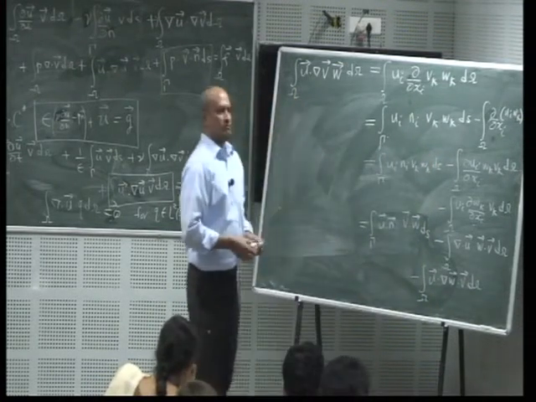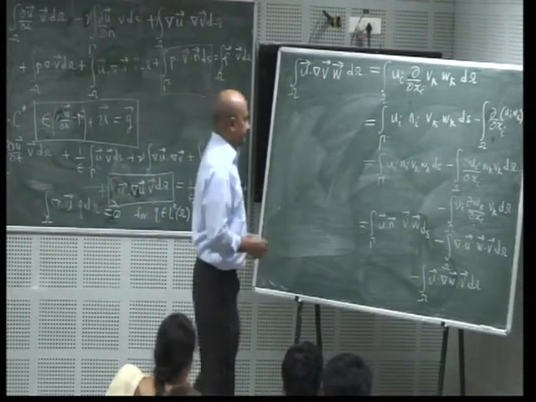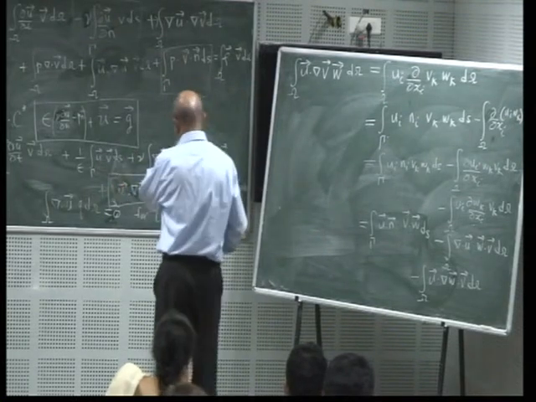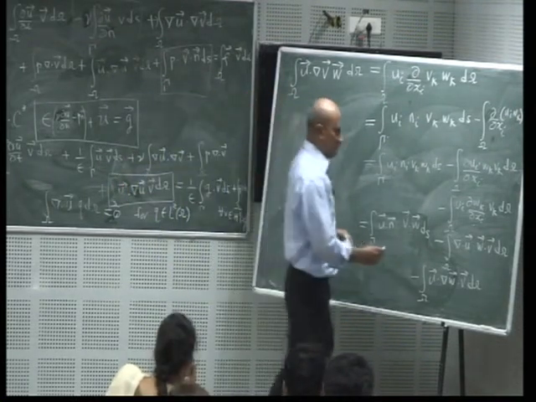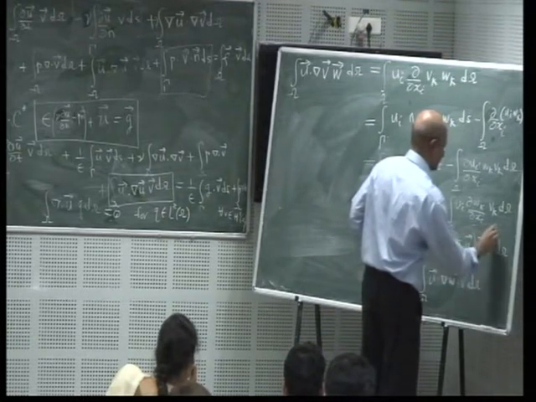Okay, right? So what do we have? Let's see. Divergence of u is 0, right? Okay, so this term will drop out. Okay, assume this divergence of u is 0.